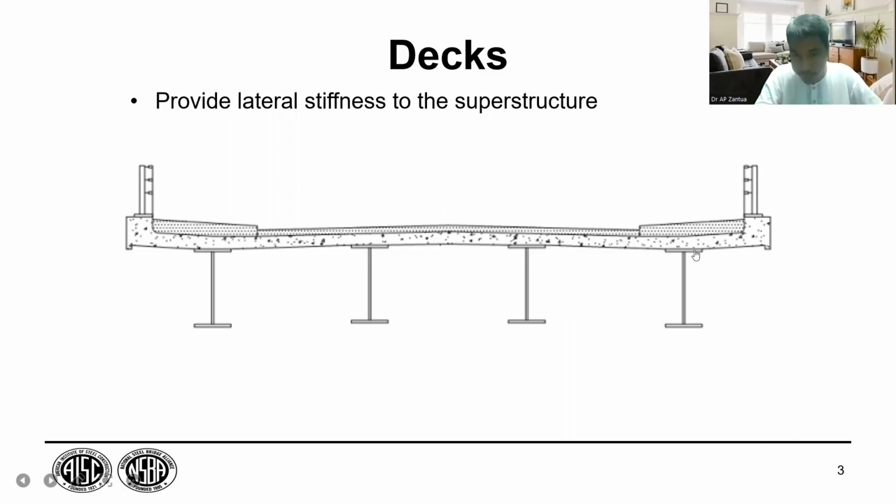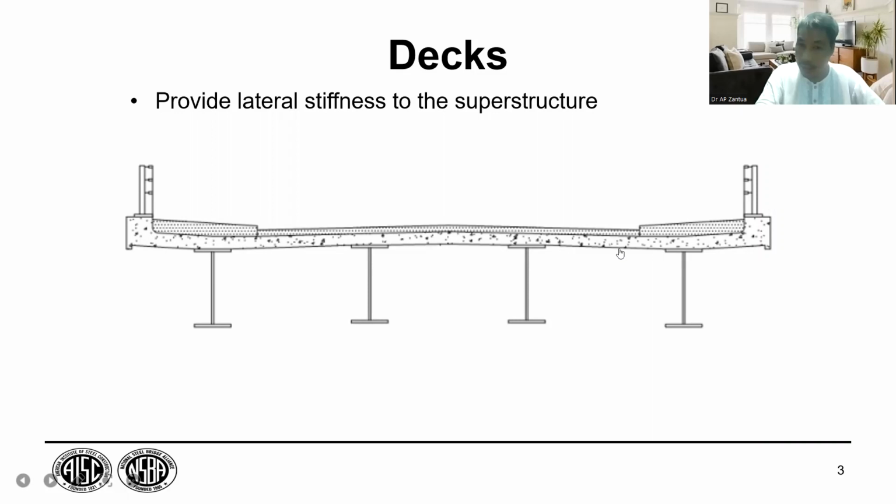So the decking is here, the decking is underneath here. Sometimes the decking could connect only this part to the next girder.